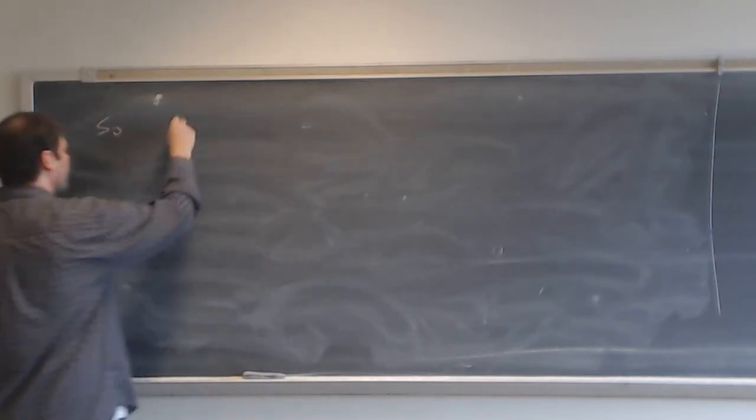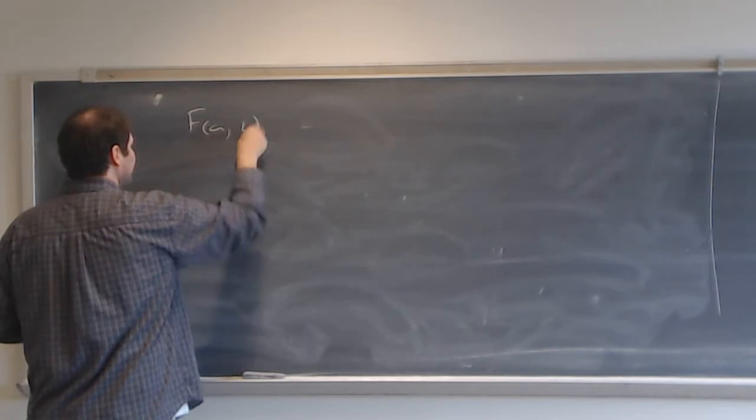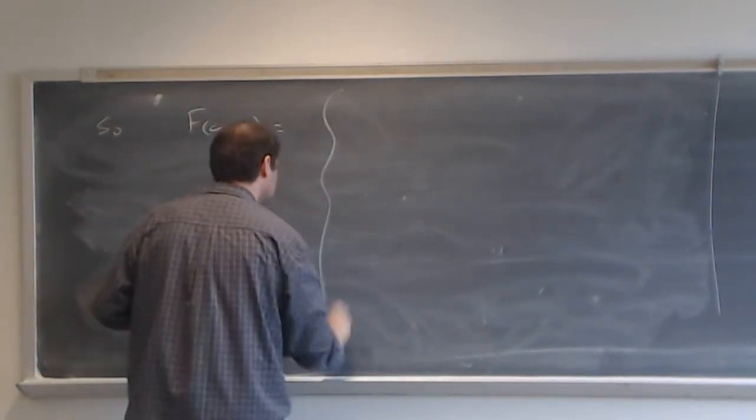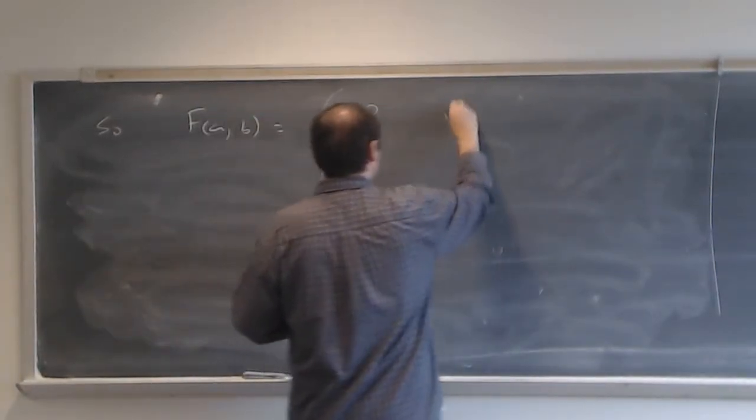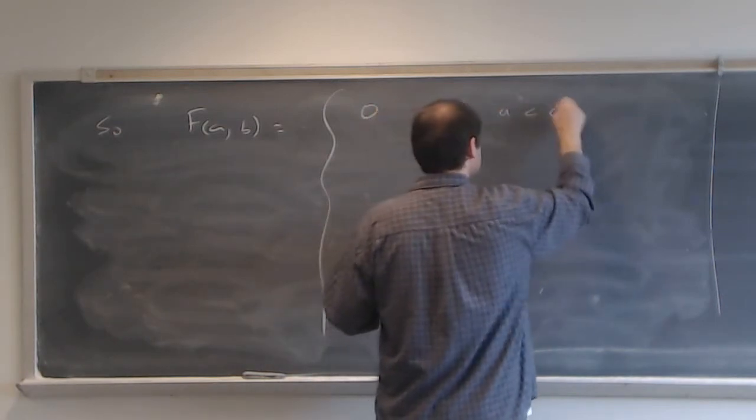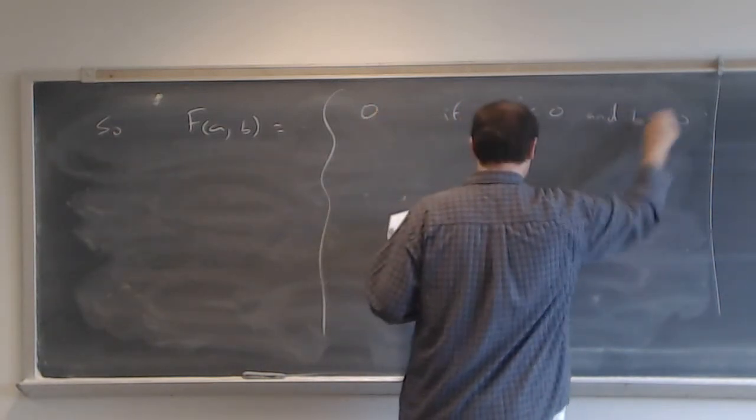Okay, so for our example, f of A, B is equal to 0 if A is less than 0 and B is less than 0.